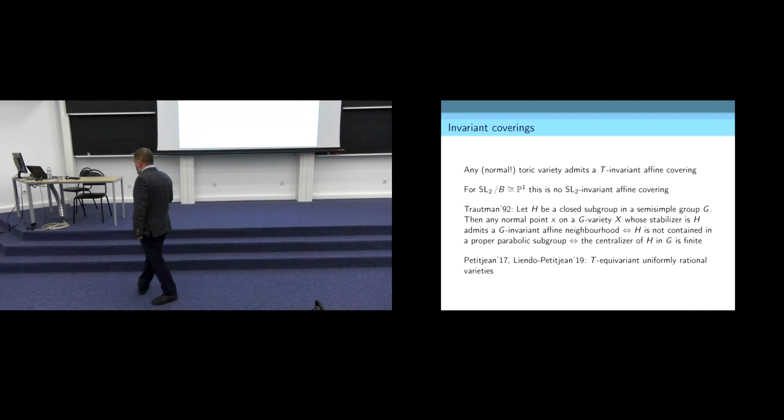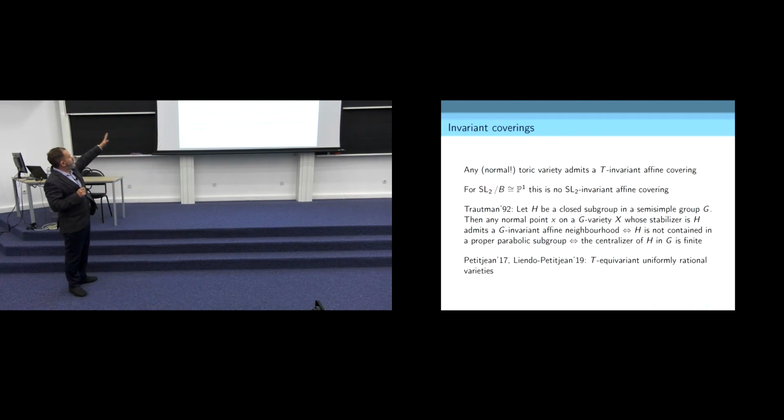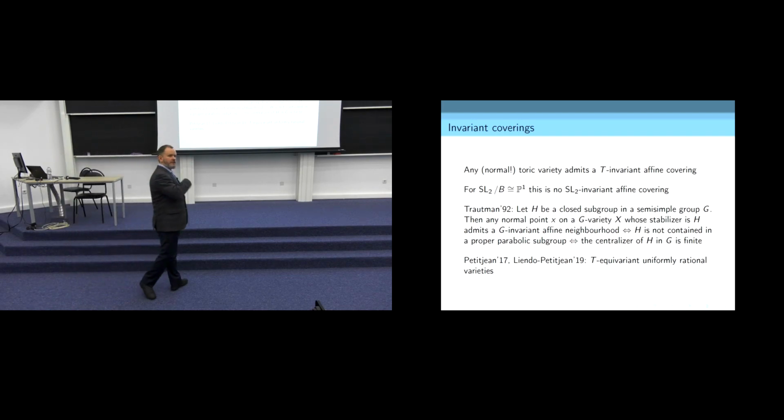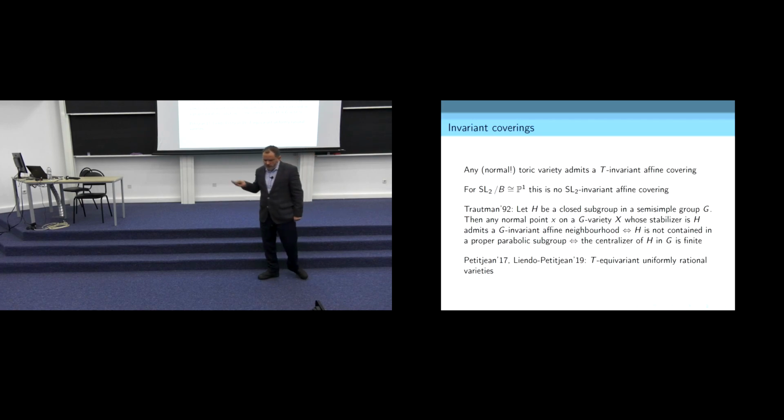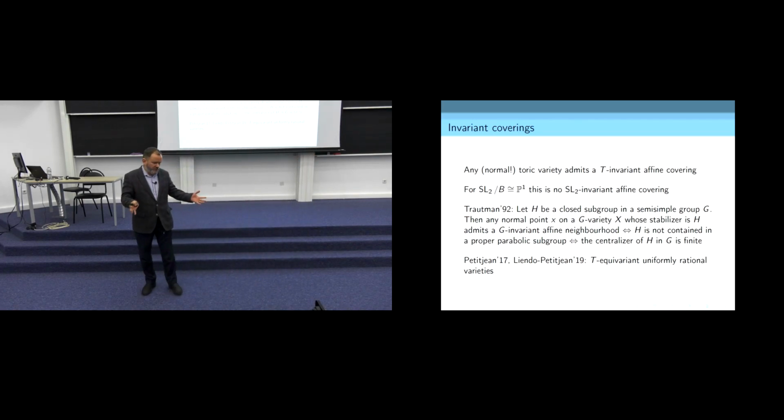This is a non-trivial fact. But if we go from a torus to, I don't know, a semi-simple group, to SL2, then even a smooth variety may not have an invariant affine covering. Just take a complete homogeneous space, and certainly there is no chance to find an invariant open affine subset just because the variety is complete and homogeneous.